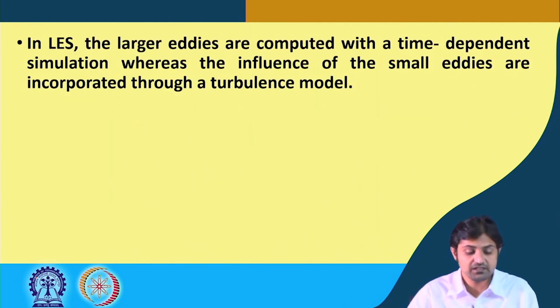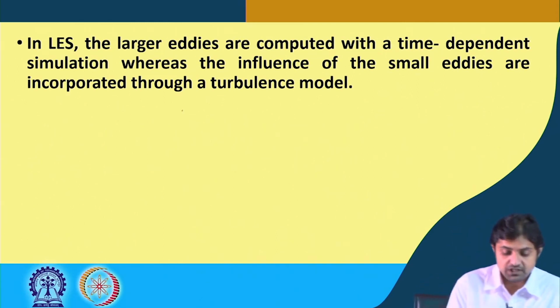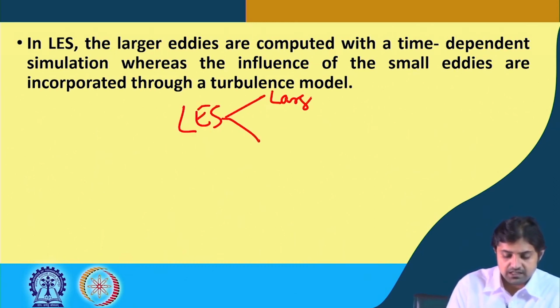So in LES, the larger eddies are computed with a time dependent simulation where the influence of the small eddies is incorporated through a turbulence model. So we say in LES, two parts: large eddies and small eddies.